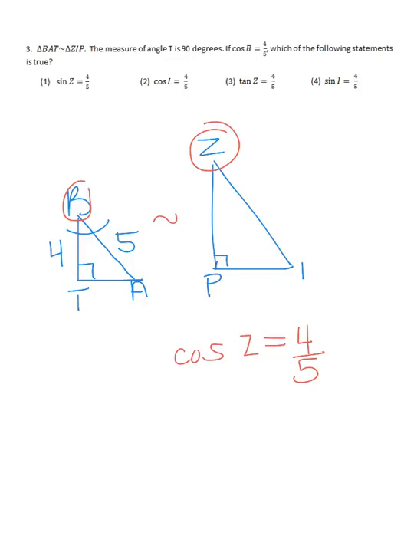Okay, so in similar right triangles, and with regard to corresponding angles, we know that sides have the same proportion. They're in the same proportion. Okay, so that means the ratios are the same.